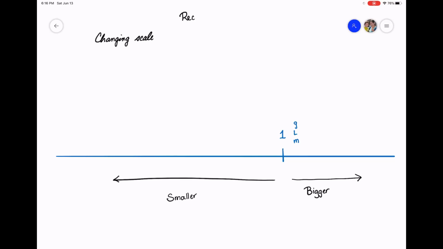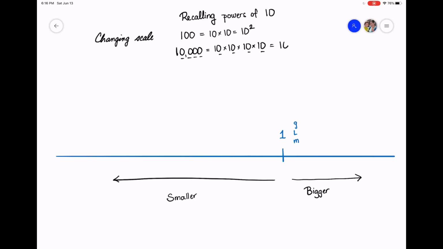Before introducing you to the appropriate prefixes, let's take a trip down memory lane and recall how to express powers of 10. If I have 100, that is 10 times 10, which is 10 to the power of 2. If I have 10,000, that is 10 times 10 times 10 times 10. And you can see there are 4 tens or 4 zeros, and that is 10 to the power of 4.